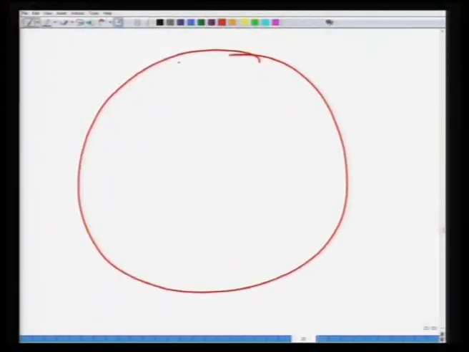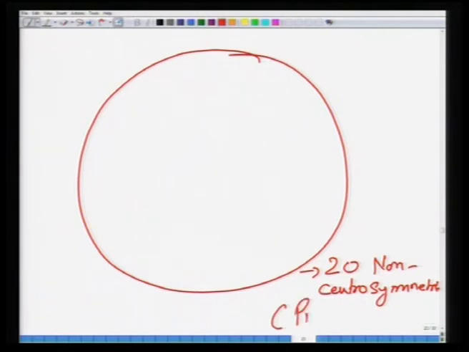So when you now make a diagram, so let us say, these are 20 non-centrosymmetric point groups, which means all piezo. So these are all piezo.